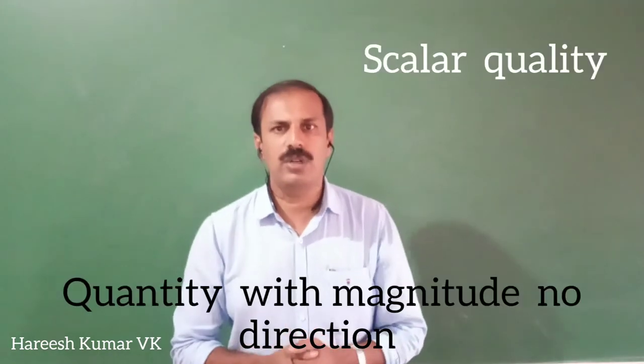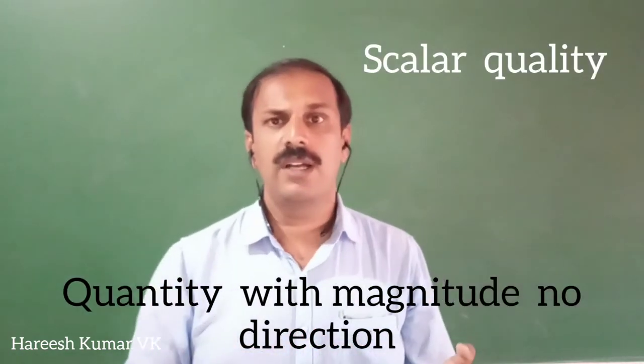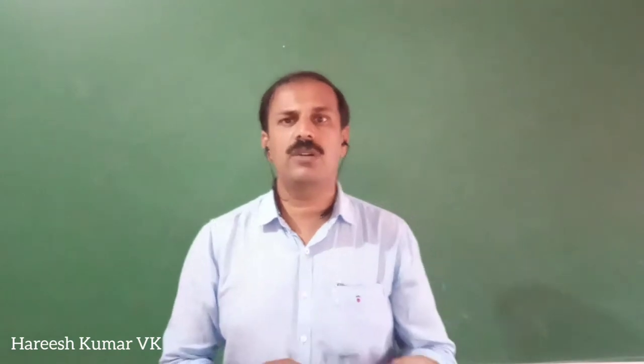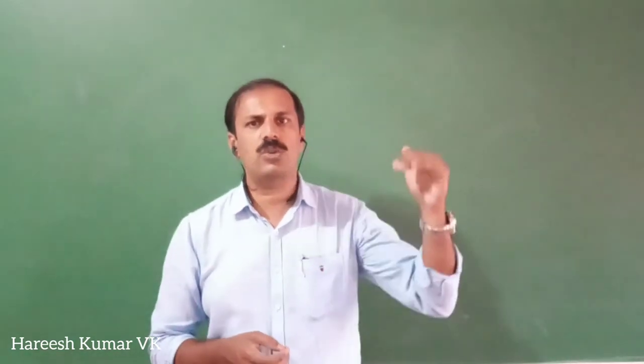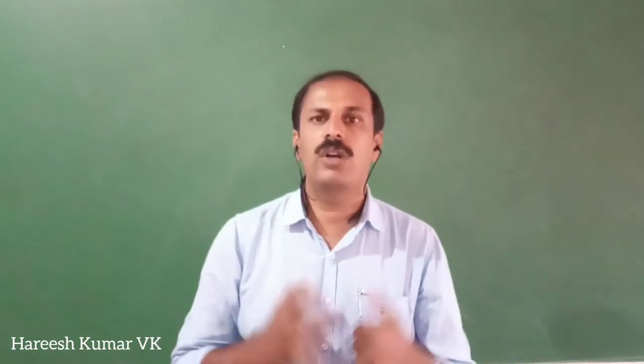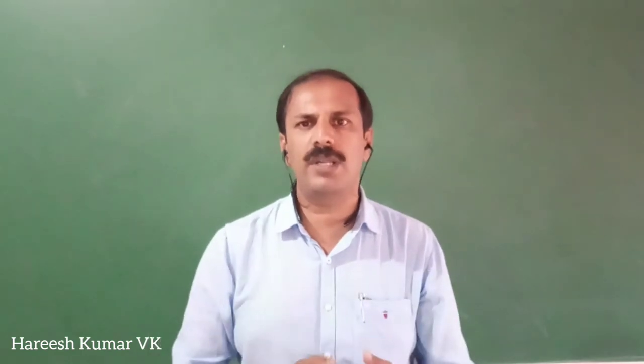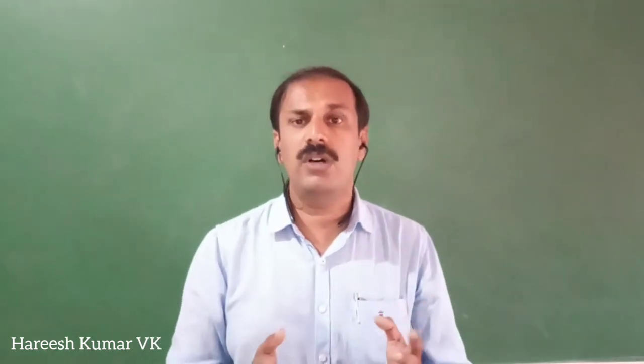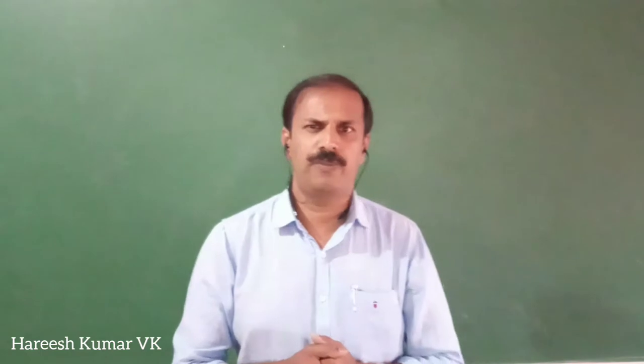So what is a scalar quantity? The physical quantity which has magnitude and no direction. Such physical quantities are called scalar quantities. Distance, time, temperature, all those things are scalar quantities. For these quantities we don't have any direction. Only magnitude is there. We can say the temperature is 100 Kelvin, but there is nothing like a direction for that.